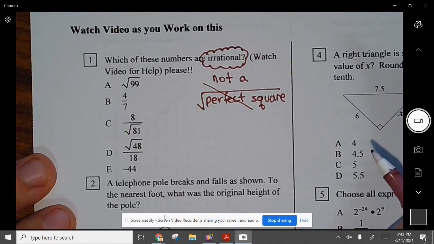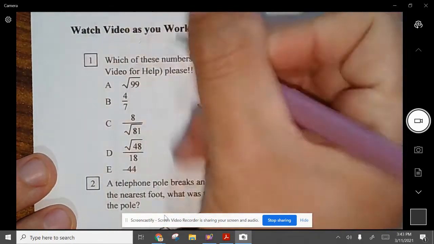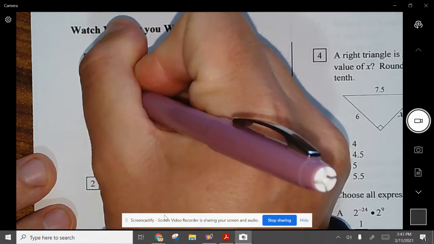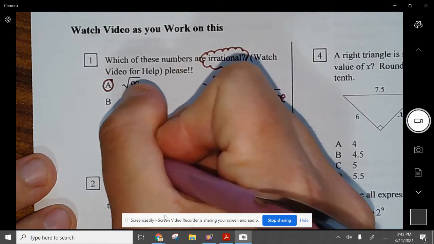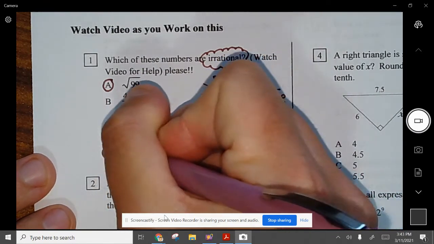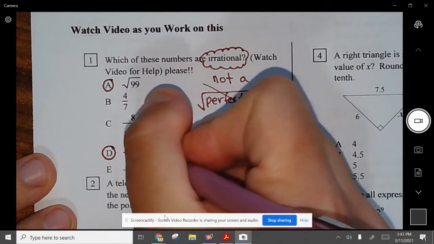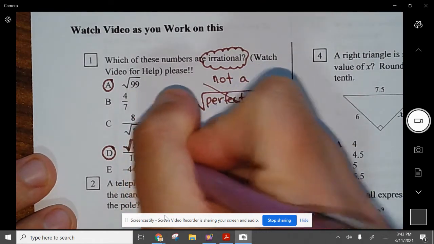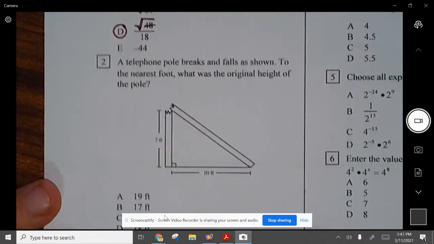Those are going to be the irrational ones here. So this one is going to be irrational, and so is this one right here. Those two are going to be irrational. It's weird, I know, but you're looking for the square roots that are not perfect squares, okay? I know, I just had to throw that in there, and it's confusing, it's all good.